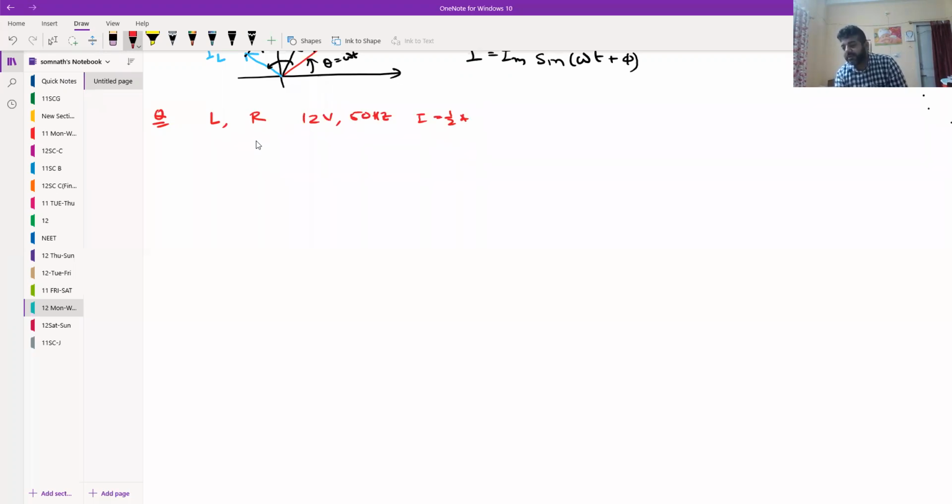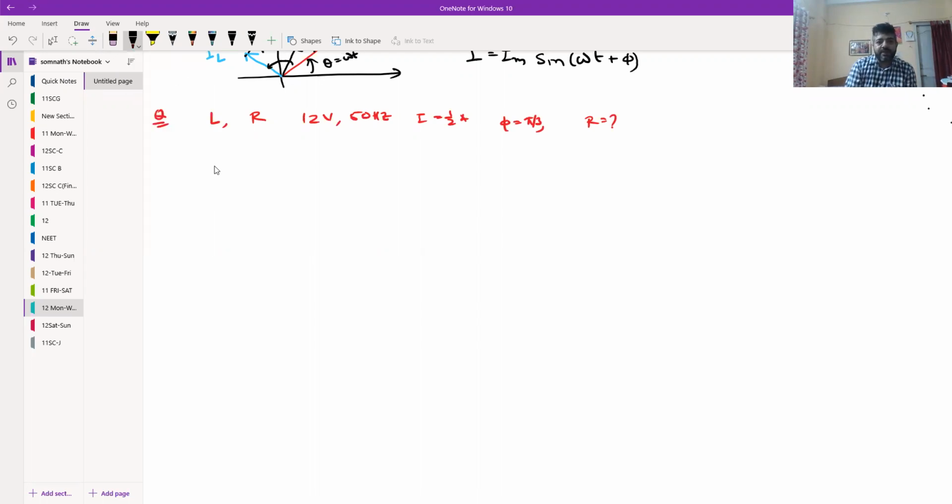The current differs in phase with the applied voltage by pi by 3. Calculate the value of R. That question I already showed you in the previous class.